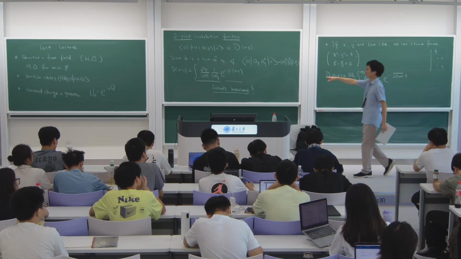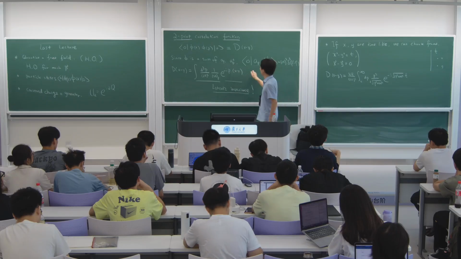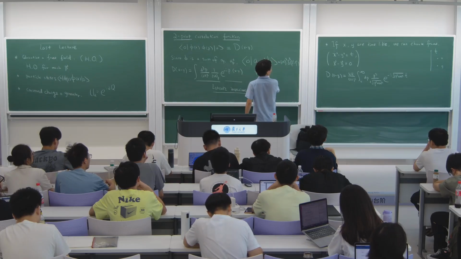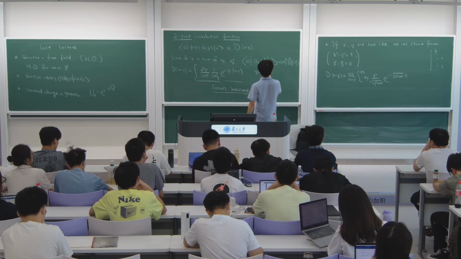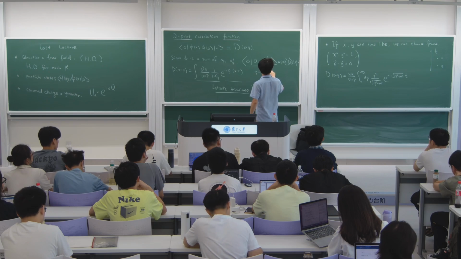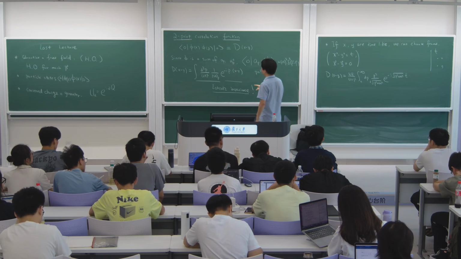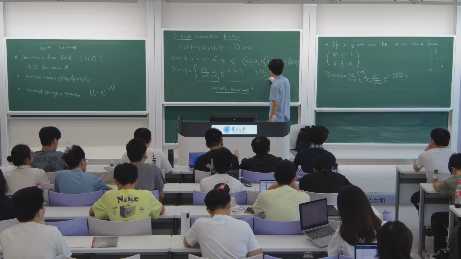There's only one component. Set p to be p0 and the vector p, and this is not independent. This is omega p.